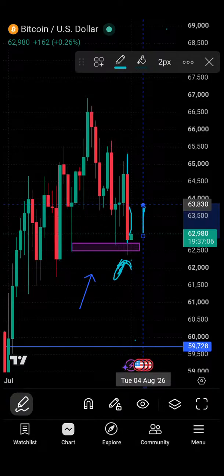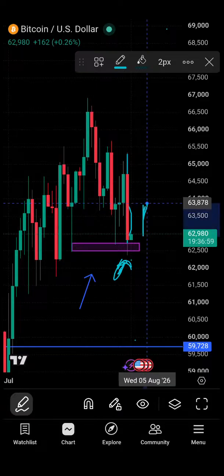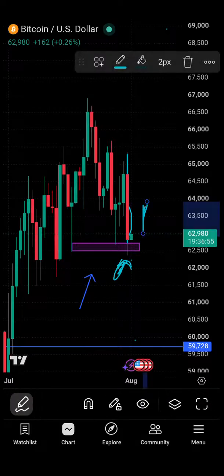That's what we can see on the daily time frame. We're expecting a little bit of a pullback. That's what the daily is showing us.